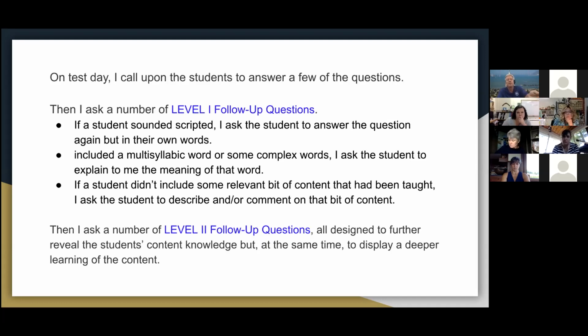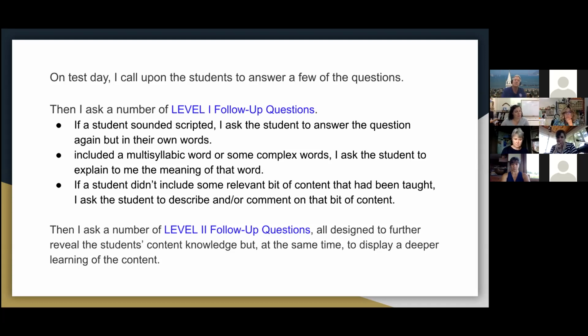And if that student reads off their script and it sounds scripted, then I may ask them to explain that in their own words. And if they're giving me a lot of multi-syllabic words or words that we didn't teach during the unit, and I'm wondering, do they even know the meaning of that word? I'll ask them that.